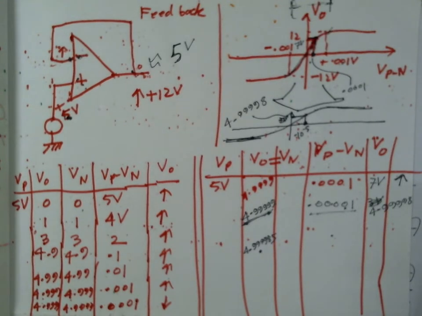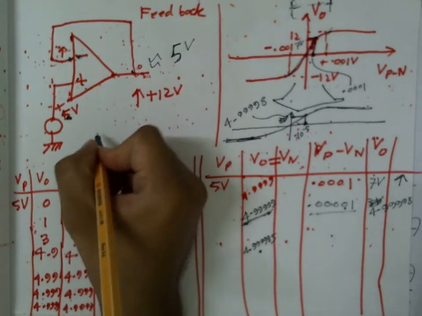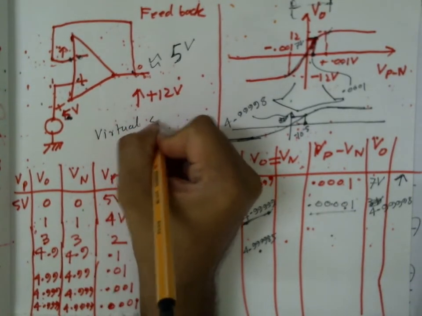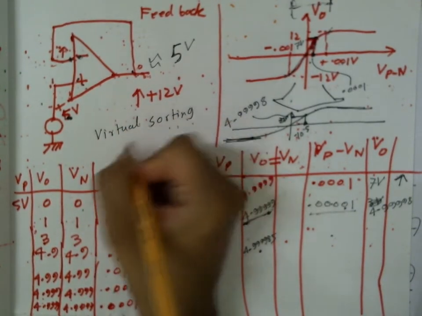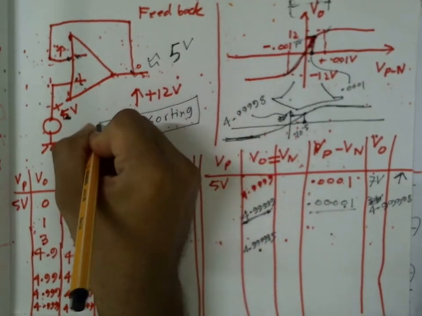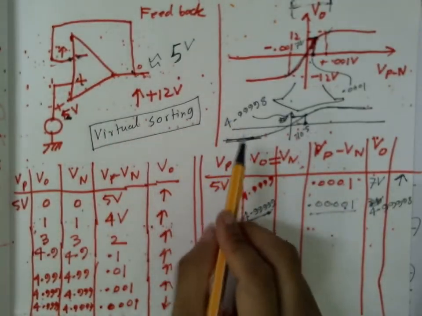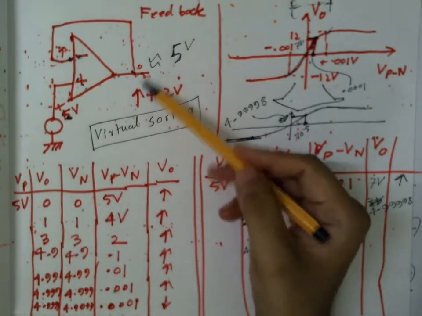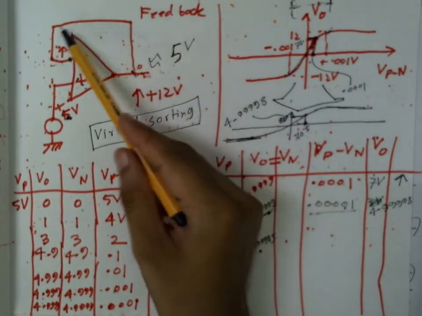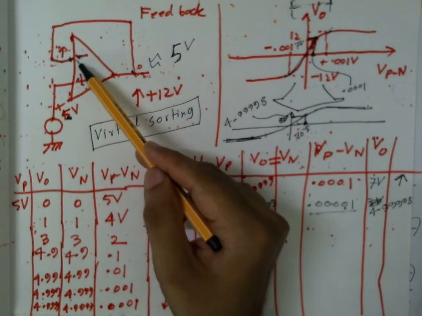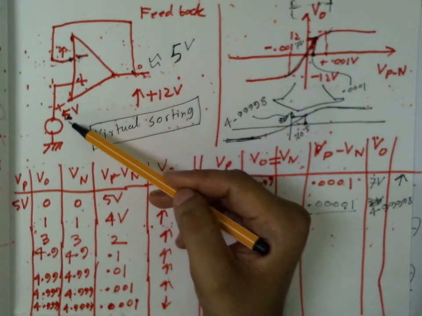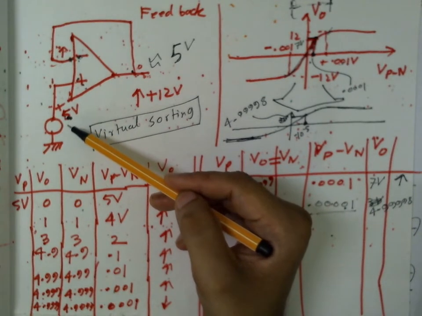Now let me introduce a new terminology which is called virtual sorting. What is that? In this case, we saw that when you give plus 5 volt, the output goes up and it makes this other input almost equal to this Vp, this positive input.